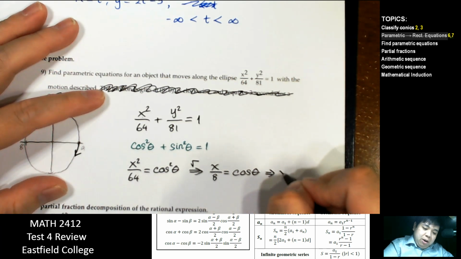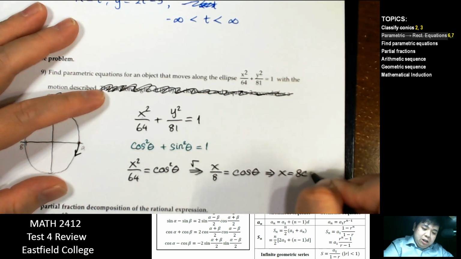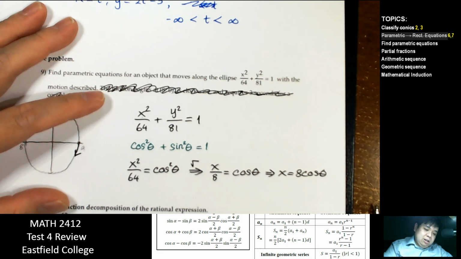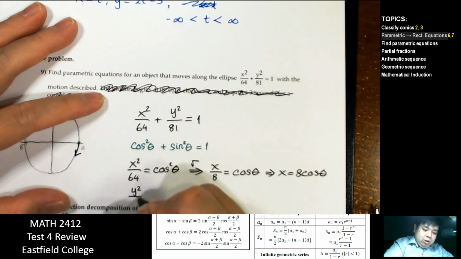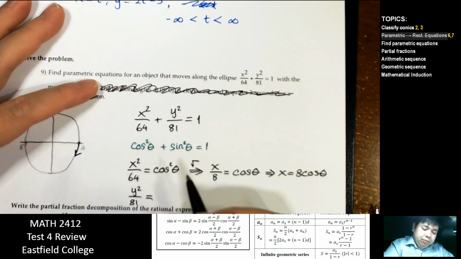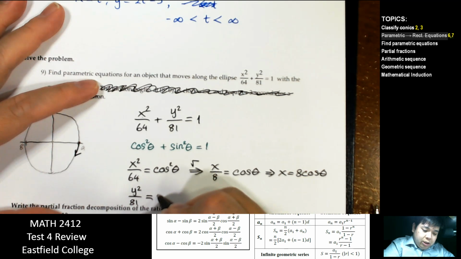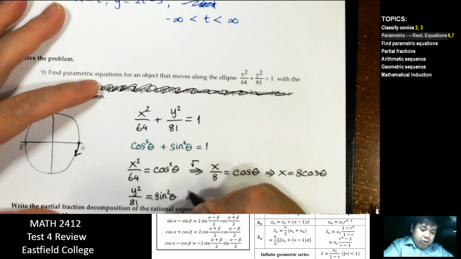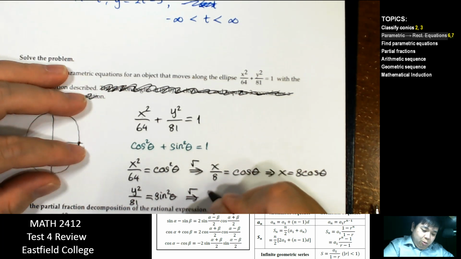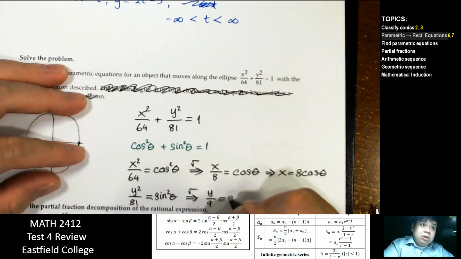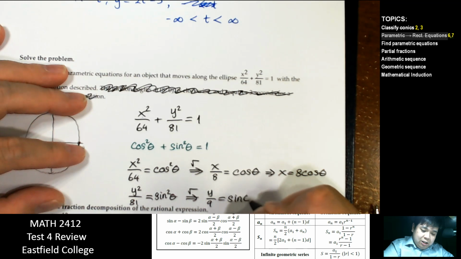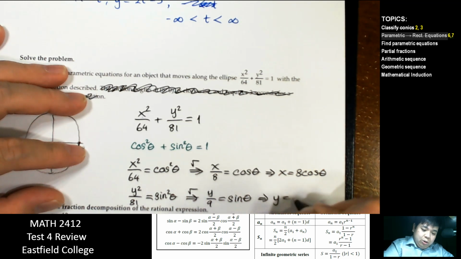So multiply by 8, x equals 8 cosine theta. Y squared over 81 equals sine square. I will take the square root as well. We have y over 9 equal to sine theta. So y equals 9 sine theta.